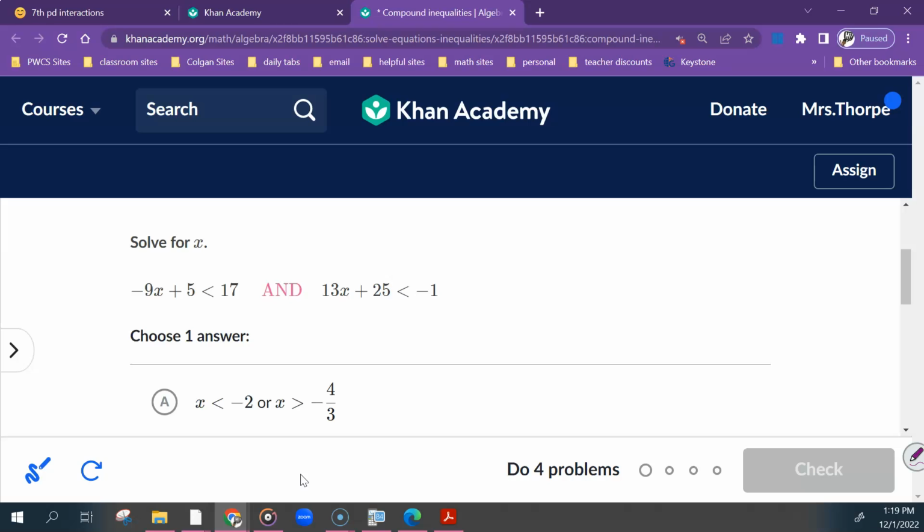So first, notice that these are two separate inequalities and not like ours where they're condensed. So we're going to solve them separately, not together. So start with one, doesn't matter which one.